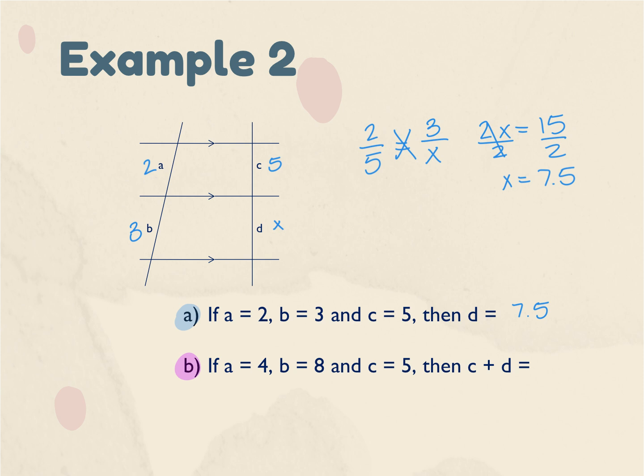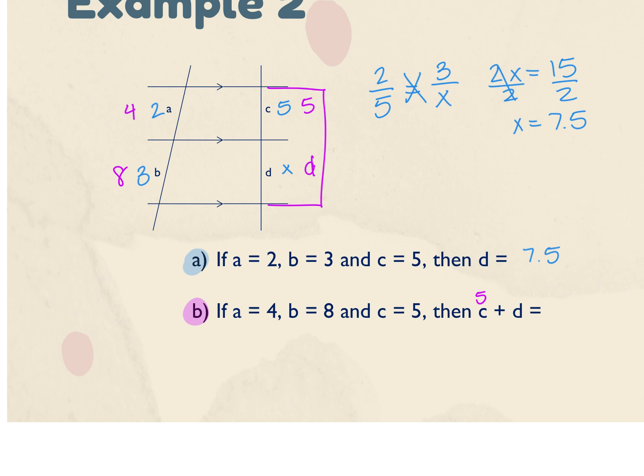So looking at the next one, A, they're telling me it's 4. B is 8. C is 5, and they want me to solve for the entire line of C plus D. So a couple ways you can do this. I can go ahead and solve for D first and then add, because C we know is 5, so let's go ahead and do it that way.